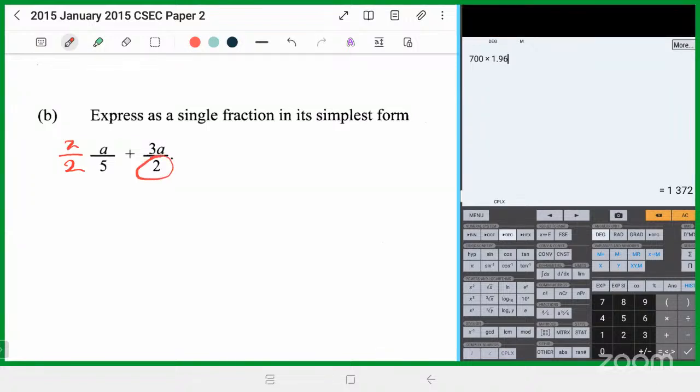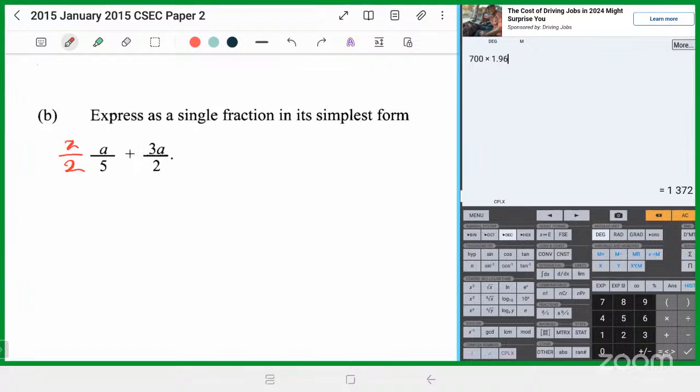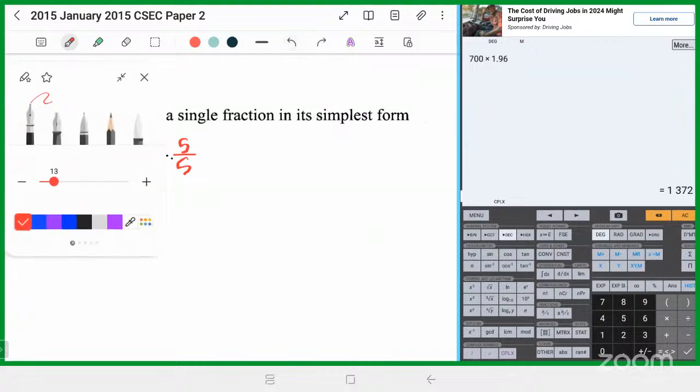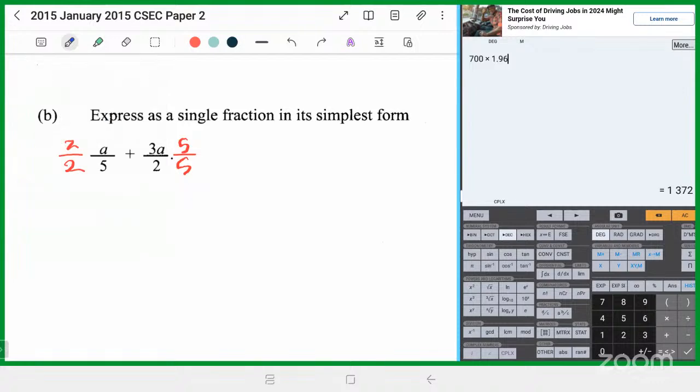For this one to become 10, I need to multiply it by 5. If I multiply the denominator by 5, I also have to multiply the numerator by 5. Another way to look at it is that you take this denominator and multiply it up here and down there, and you take this denominator and multiply it up here and down there.